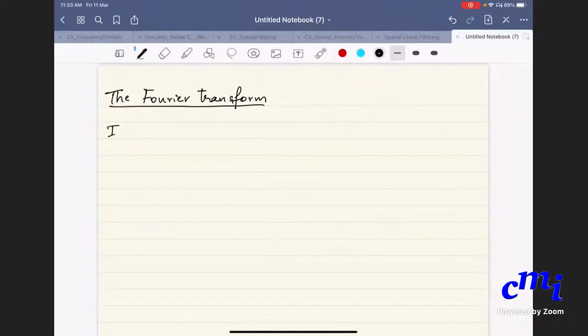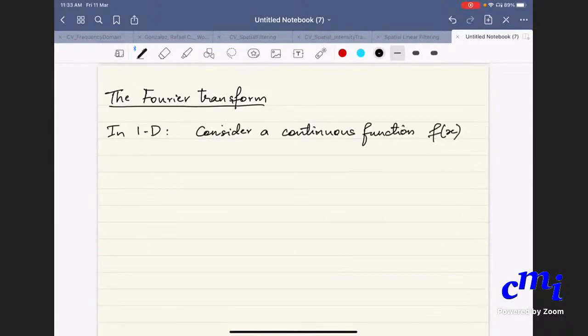So in one dimension, you consider a continuous function f of x, where x is a continuous variable.